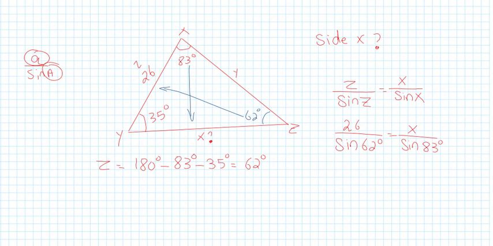Have to cross multiply. What do you get? What do we have? 29.2.